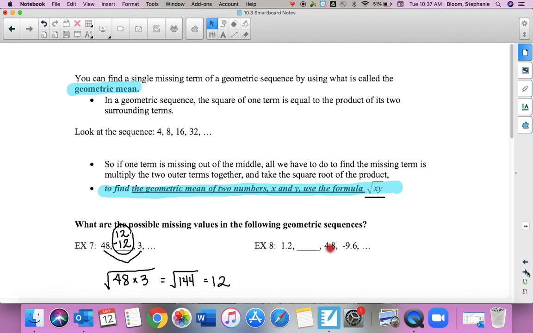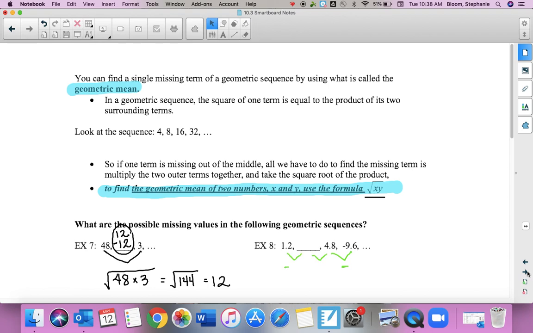Now, if I go over here, notice that this is a positive number and this is a negative. The only way I go from positive to negative is by multiplying by a negative number. And again, the only way to go from here to a positive is multiplying by a negative number.